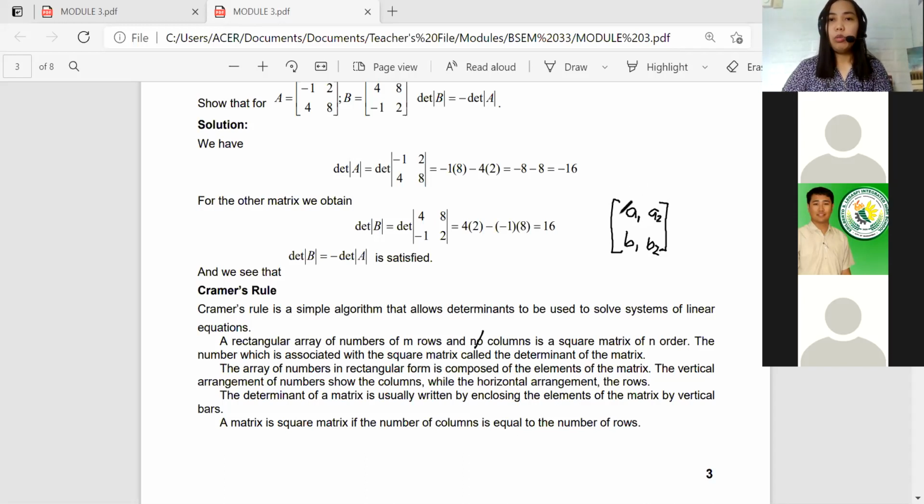It's just that usually we use this bracket. A matrix is a square matrix if the number of columns is equal to the number of rows. We call that a square matrix.